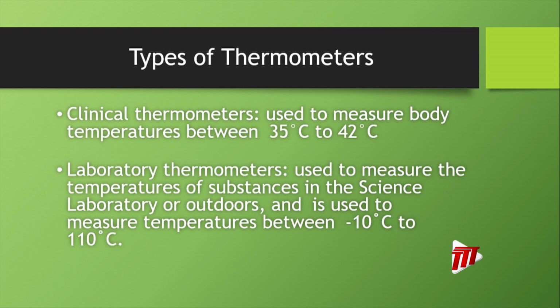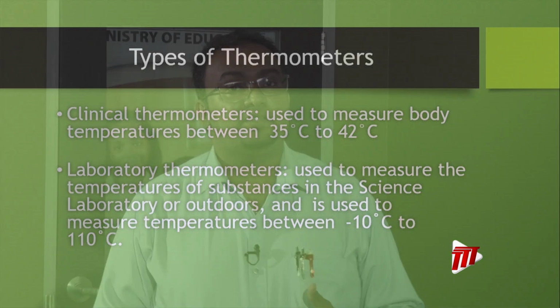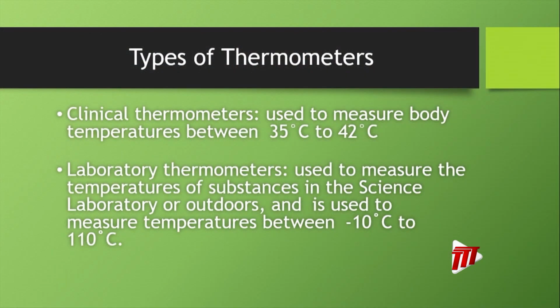So that's one. We have the laboratory thermometer, and we use these in science, outdoors, experiments. It's for general use. So most of the thermometers you would find would be a laboratory thermometer, and the range is very, very wide. We go from very cold to very hot, and the range here, as you can see, measures temperatures between minus 10 degrees Celsius, which is 10 degrees colder than 0 degrees Celsius.